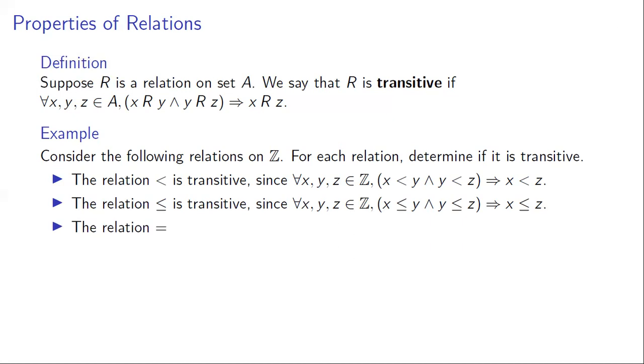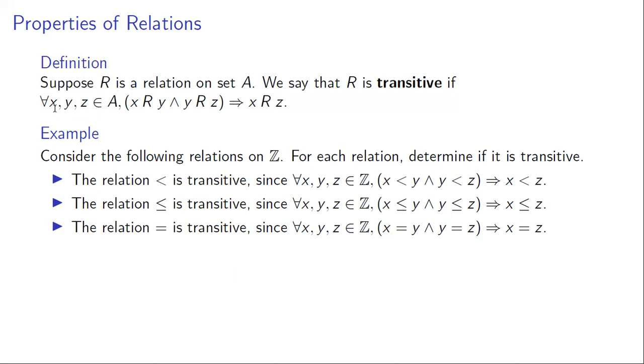How about the equals relation? Is it transitive? Yes, since for all integers x, y, and z, if x is equal to y and y is equal to z, then x is definitely equal to z. So that is true, it passes this test.